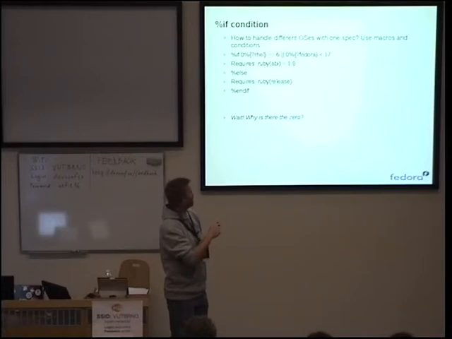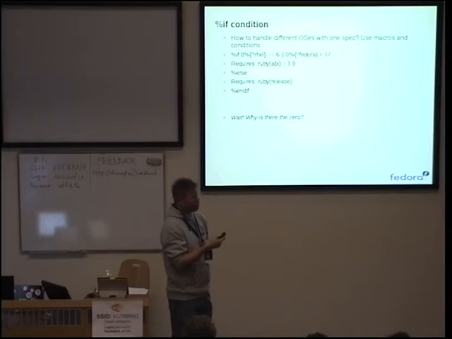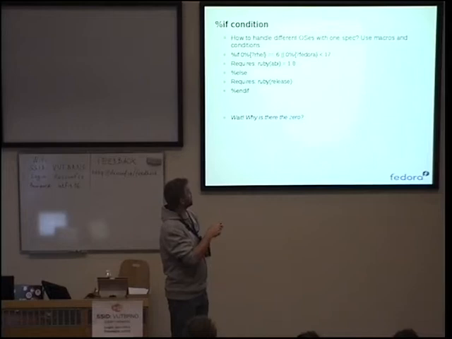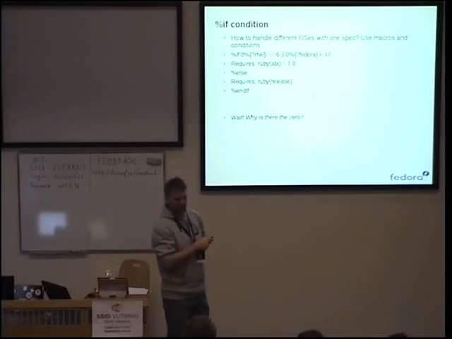And if the rel macro is not defined, which is defined only on RHEL, and vice versa, Fedora doesn't define rel, and RHEL doesn't define Fedora macros. So if it is not defined, it's expanded to nothing. So we will have if nothing is equal to 6, which will raise a syntax error.